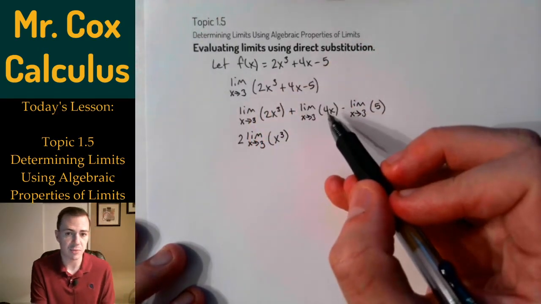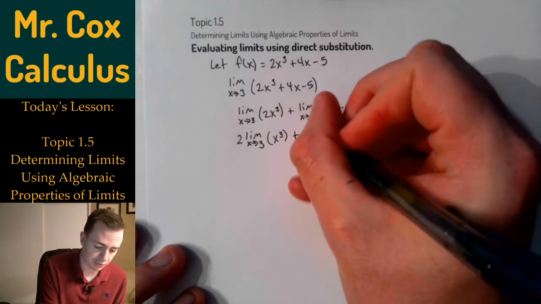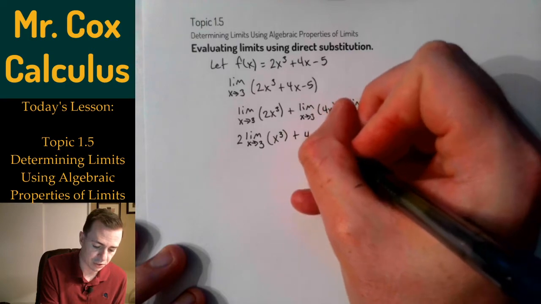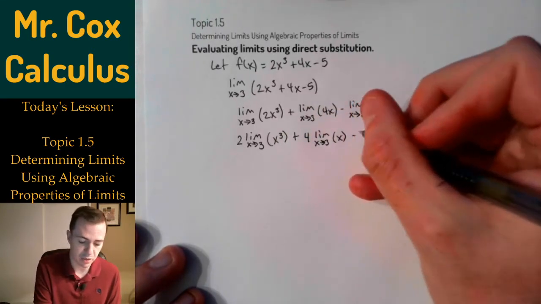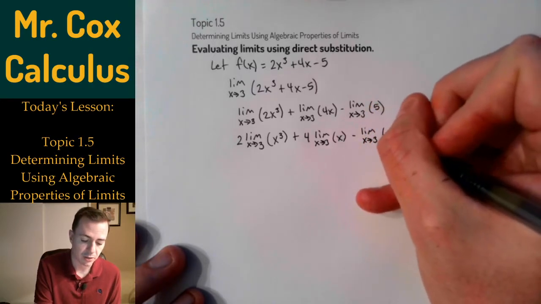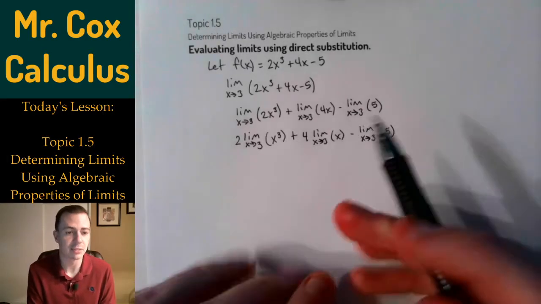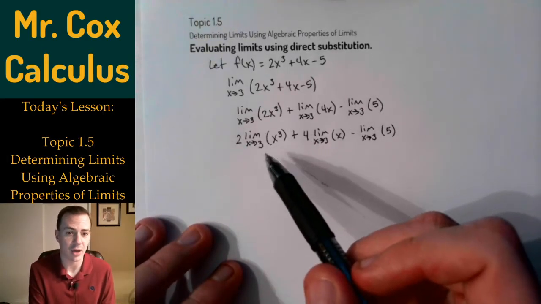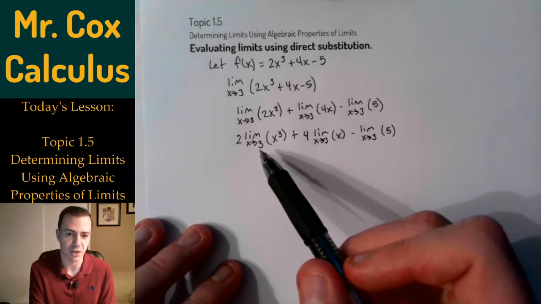I can do the same thing with this 4, which is a scalar multiple: plus 4 times the limit as x approaches 3 of x. I'm going to leave this last one be because it's already one of my building blocks from earlier, the limit as x approaches 3 of 5. So now, by splitting it up and moving my multiples out, I actually have the building block statements from two videos ago.